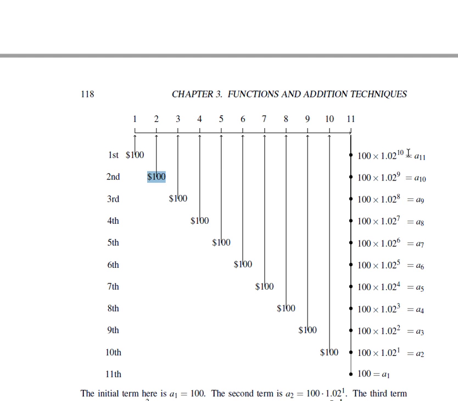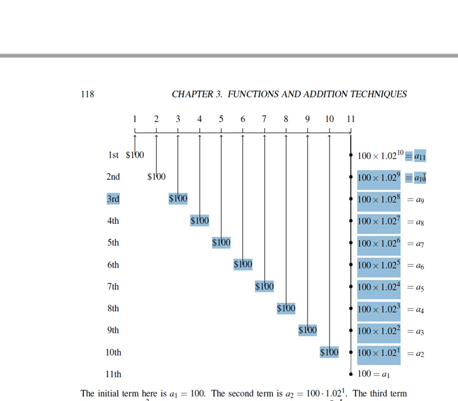This second deposit only receives 9 years of interest. That's why here the exponent is 9. Again, the end of the 9th year is the beginning of the 10th year. So that's how for the second deposit of 100, starting at the beginning of the second year, you have this much.